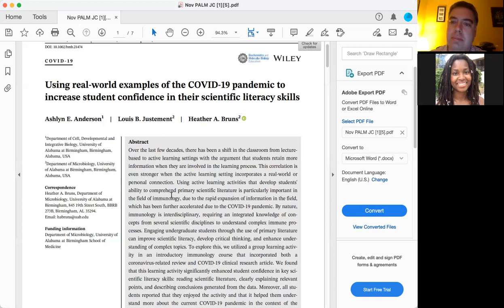I really wanted to build up their understanding of how to read primary articles. Then they got into groups, and at the end had a group project to pick an article and present it, like a journal club type of thing. And that went very well. Now, I didn't do any evaluation, but anecdotally, it seemed good.